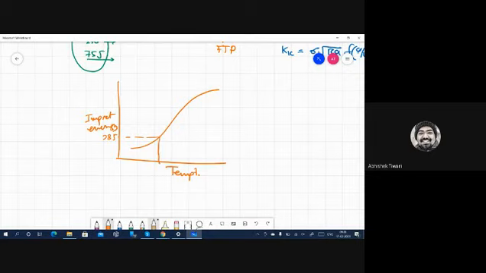Okay, and this temperature I can define as ductile to brittle transition temperature, DBTT. Okay, so this is ductile to brittle transition temperature.